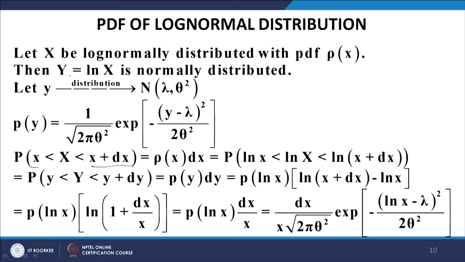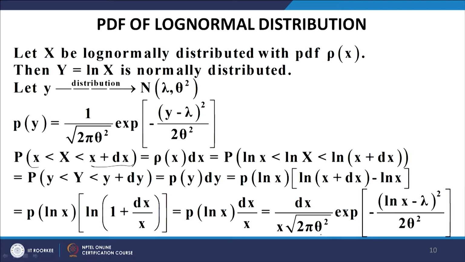Therefore, the probability that x lies between an interval can also be represented in terms of the probability that log x lies between another interval, which is given by log x and log of x plus dx.